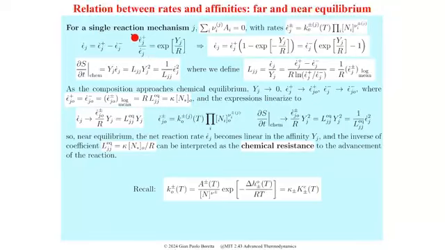So consider a single chemical reaction mechanism, which we have learned to represent by this equation here, stoichiometric coefficients and the symbols of the chemical compounds. And this is the way we have written the reaction rates, or more precisely, the rates of change of the reaction coordinates.